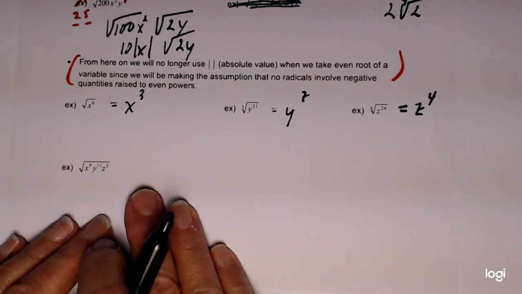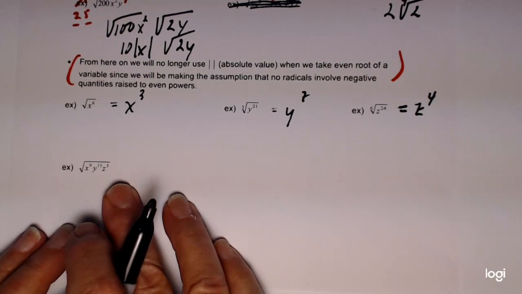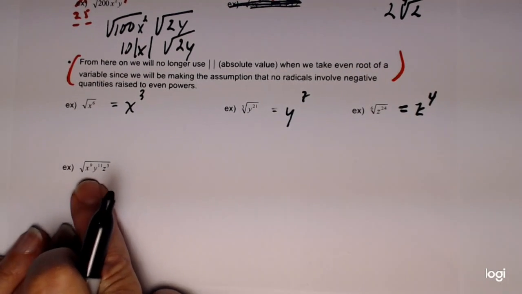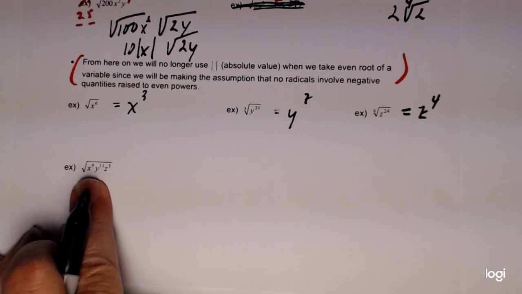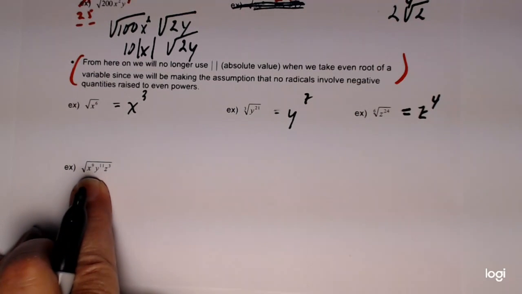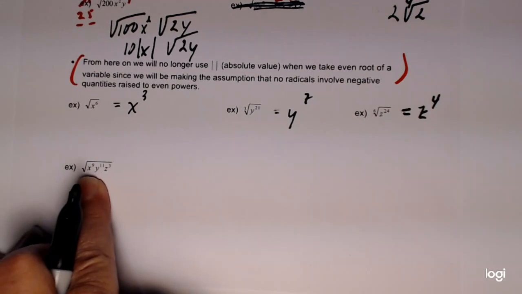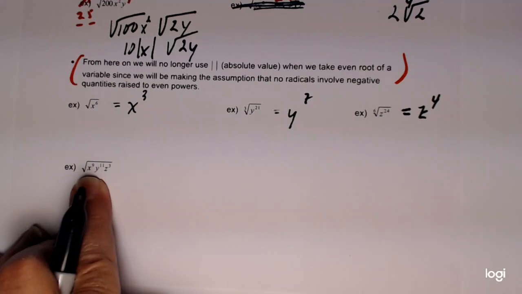So looking at this example, first information we have x to the 9, and we're looking at square root here. So we're going to take the 9 and divide by 2, but 9 divided by 2 is 4.5. It doesn't divide evenly.